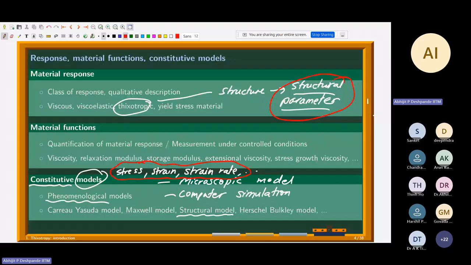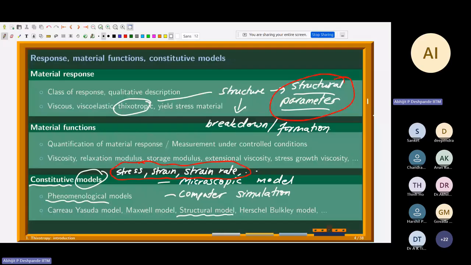Central to the idea of thixotropy is the fact that you have breakdown and formation of structure. Because of this breakdown and formation, the structural parameter keeps on changing, and therefore we will need an equation for the structural parameter also.